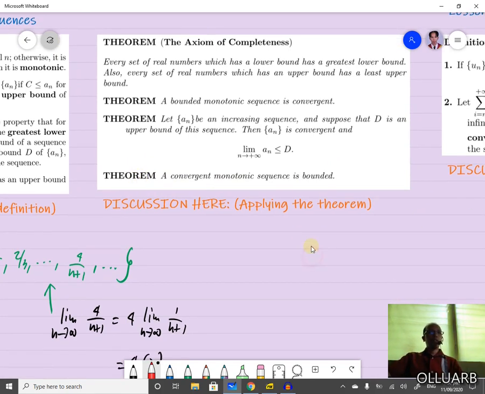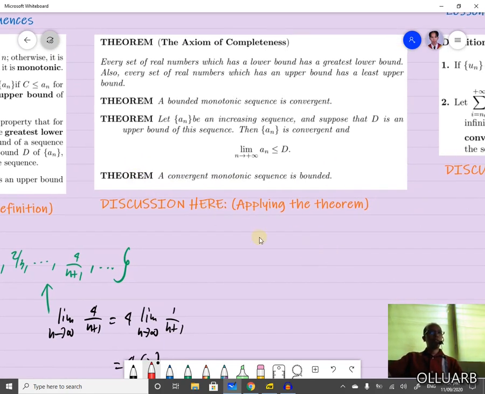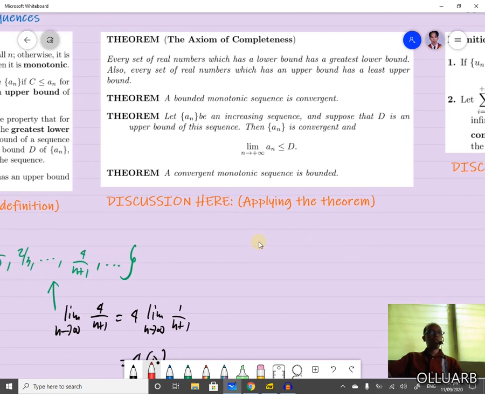Just try some exercises in other calculus books, like the book that I've given to you in the Google Classroom. Try to download that book or find another calculus book, and then have an example to illustrate this theorem.